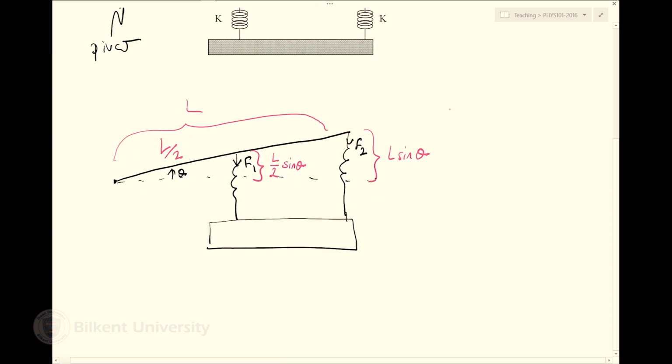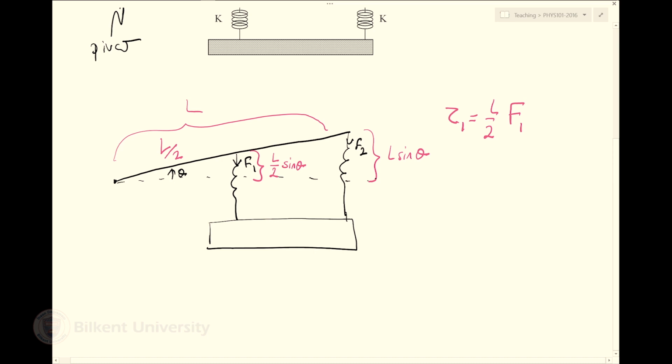So the torque due to the first force, F1. What's that? It was R cross F. R is L over 2. F1 is F1. Okay, how about the angle between them? It's almost zero. Well, okay.